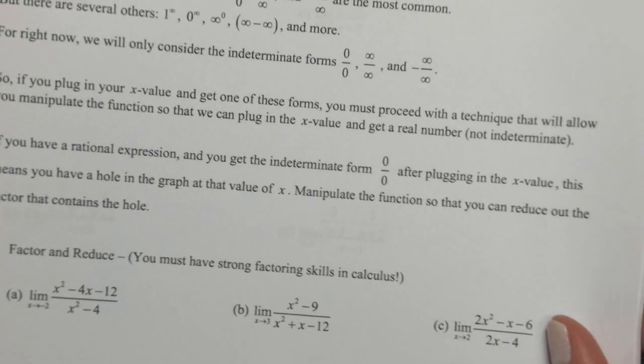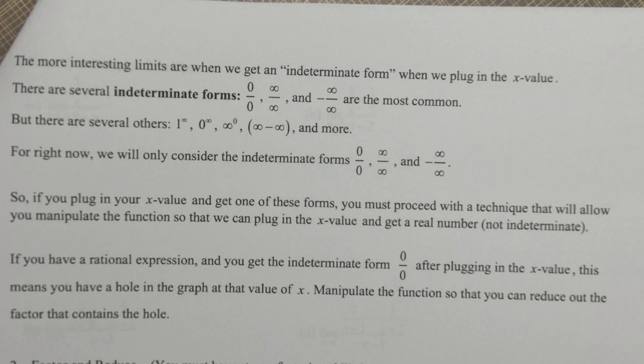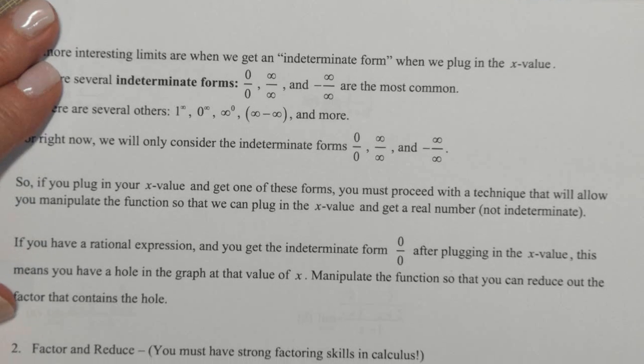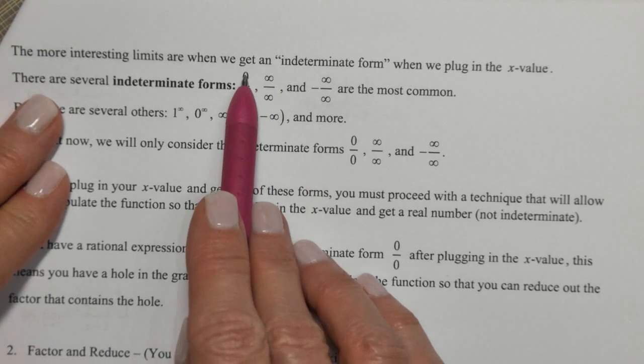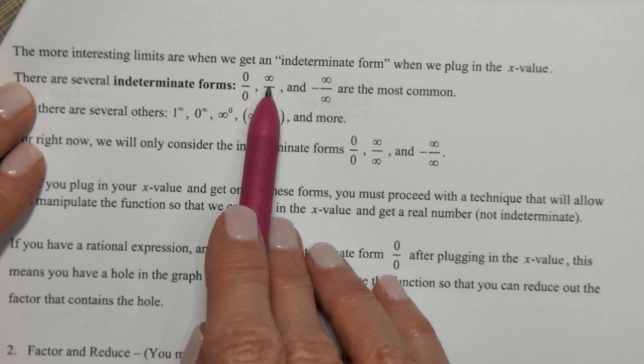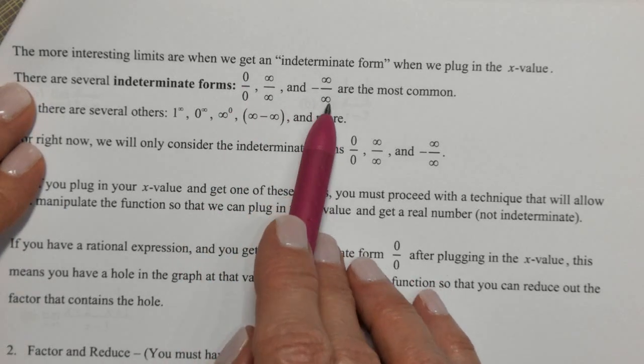All right, let's take a look at what's coming up here. Now, that's all fine and good, but the more interesting limits are when we get an indeterminate form when we plug in that x value. There are several indeterminate forms. What happens if you get 0 over 0? Infinity over infinity, negative infinity over infinity.